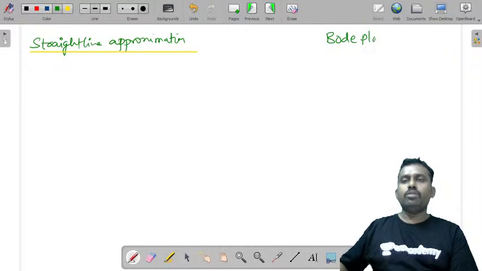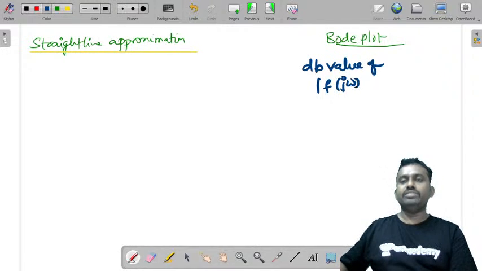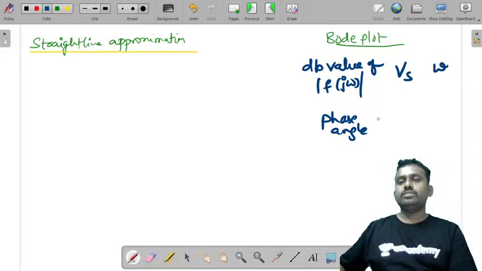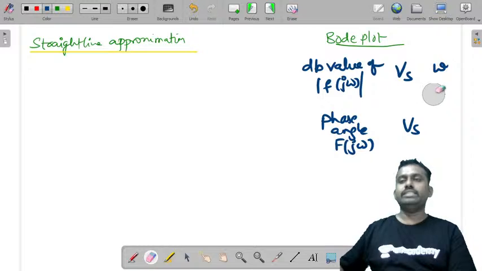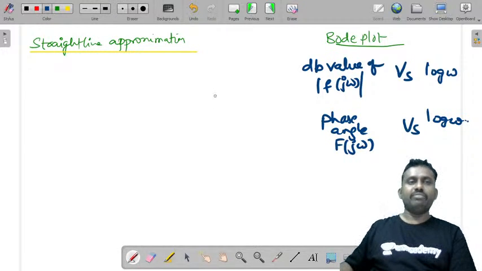Because the Bode plot is the plot of the dB value of the magnitude of F of j omega versus frequency, and the phase angle of F of j omega versus frequency. This frequency axis is log omega, which indicates it is drawn on a logarithmic scale. That is the reason we take the dB value.